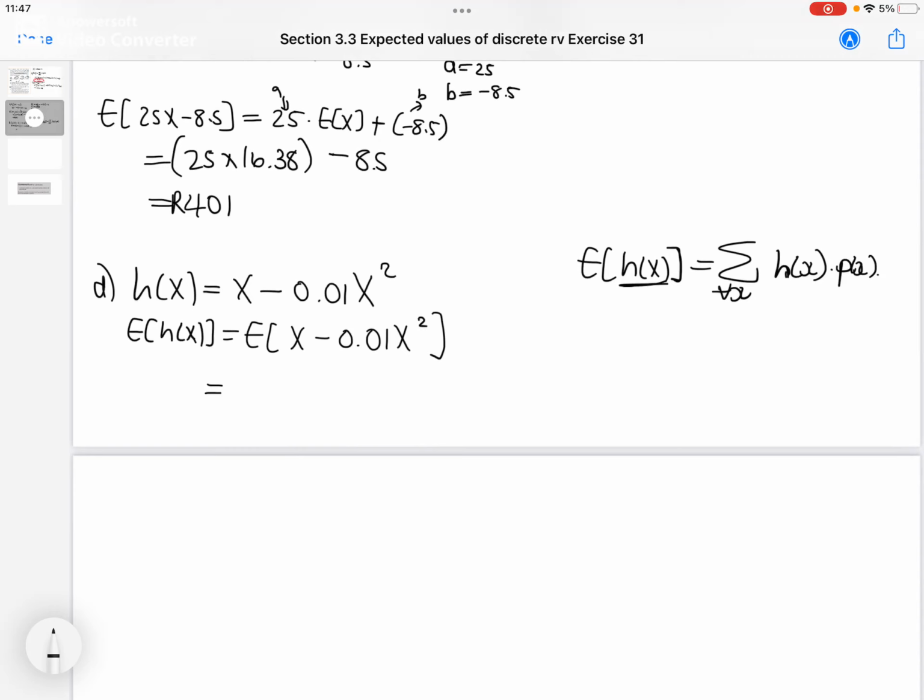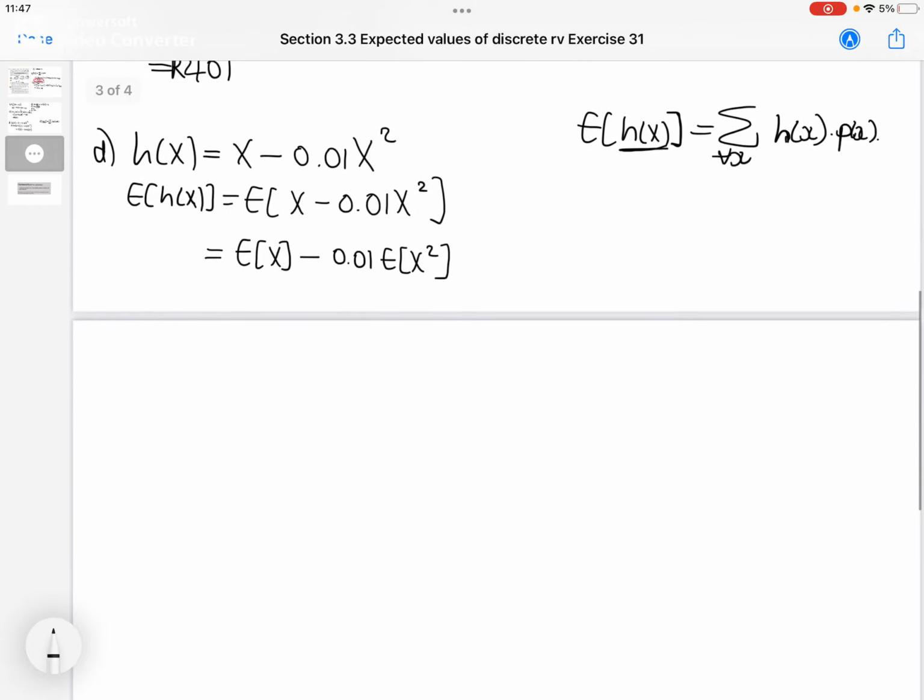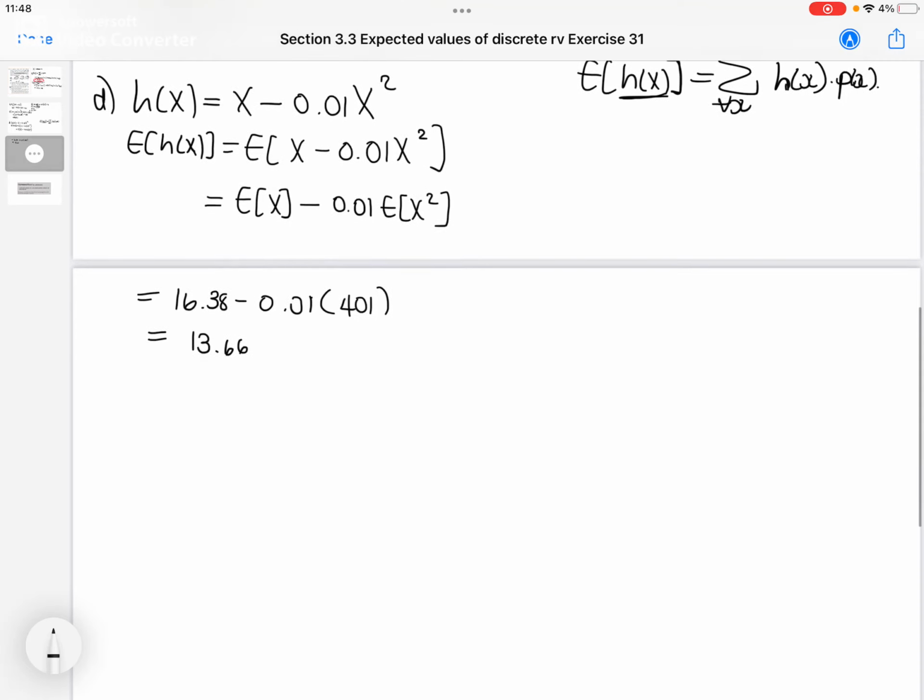And using the proposition, this is equal to the expected value of X minus 0.01 times the expected value of X squared. And this is equal to 16.38 minus 0.01 times the 401. That is equal to 13.66.